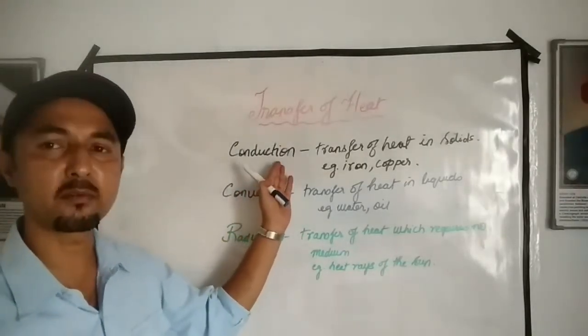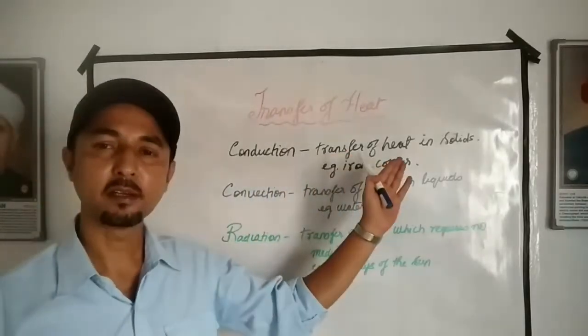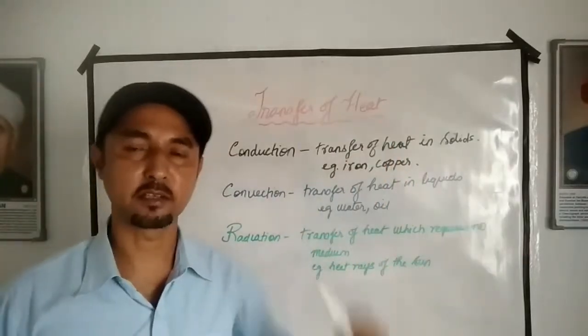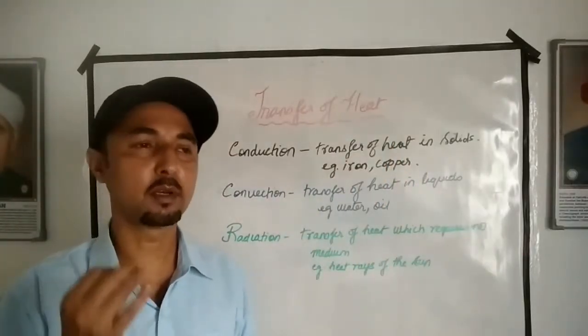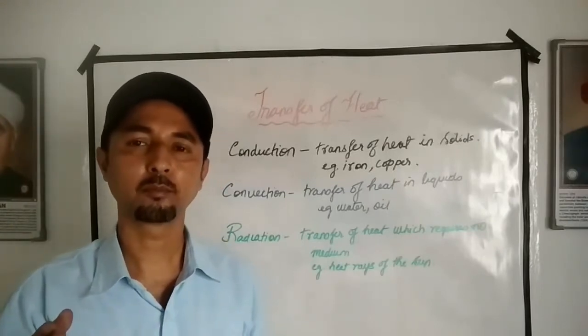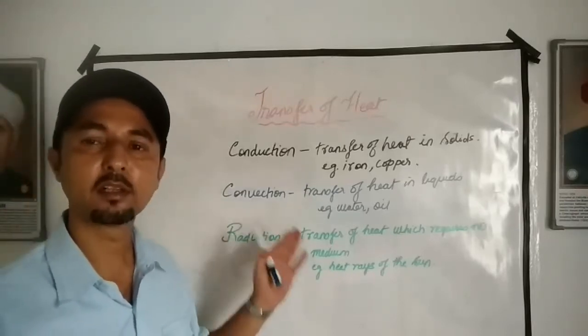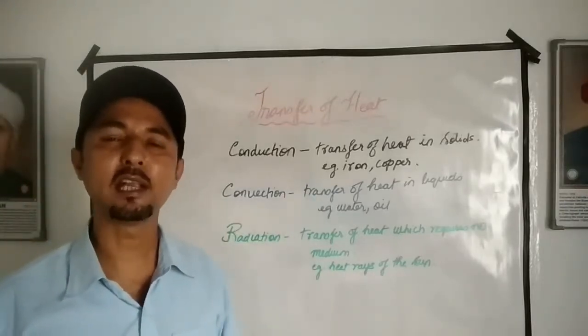In the first process of transfer of heat, that is conduction, transfer of heat takes place in solids, say for example, iron, steel, copper, aluminium. In the second case, that is convection, the transfer of heat takes place in liquids.